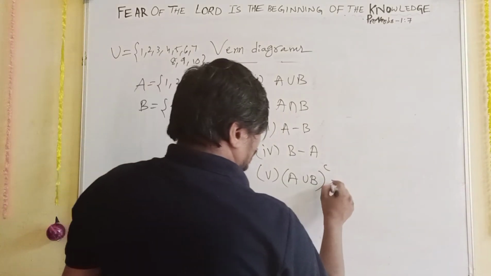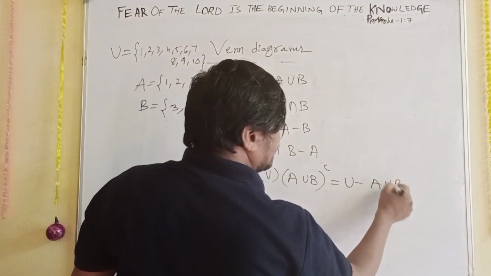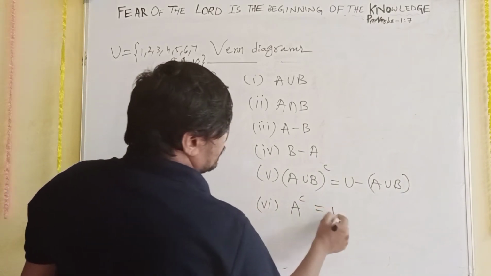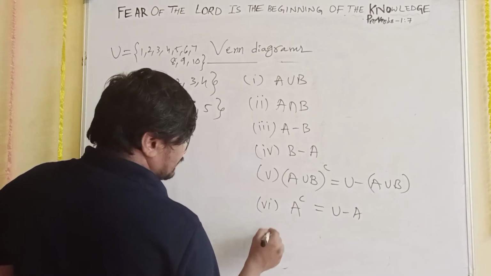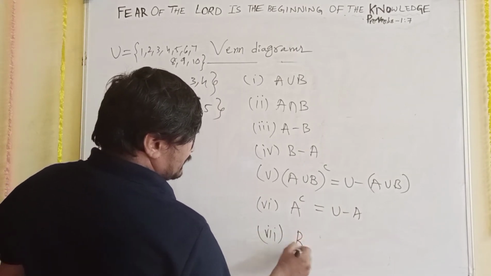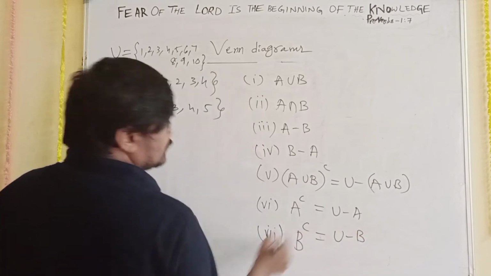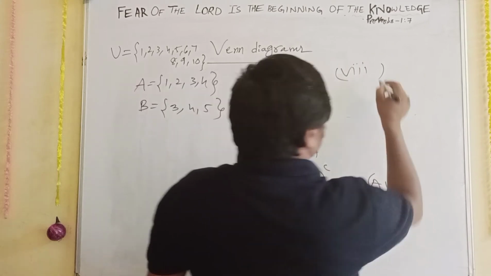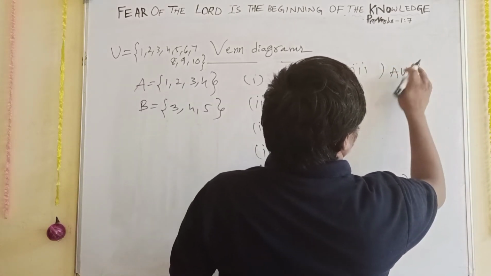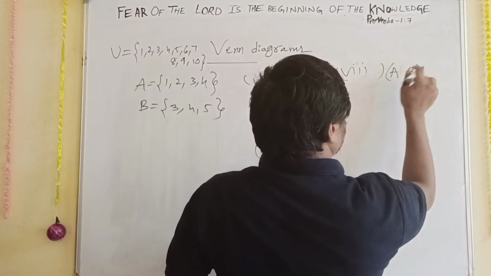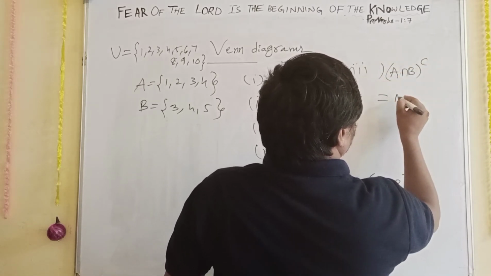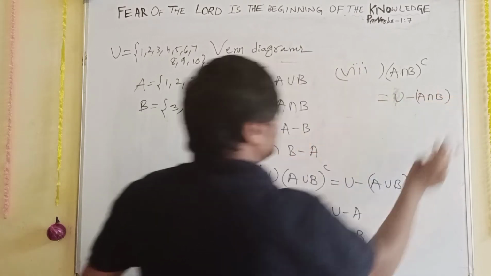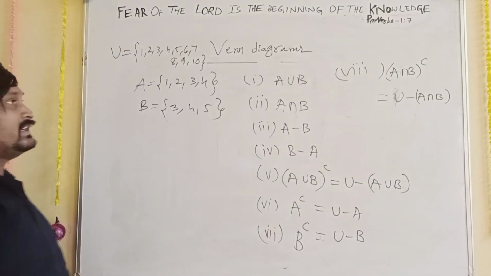You know that it is U minus A union B. Next, sixth A complement, that is U minus A. Then seventh B complement, that is U minus B. And eighth we are going to discuss A intersection B complement, that means U minus A intersection B. Okay, these all we are going to discuss and we can understand it.